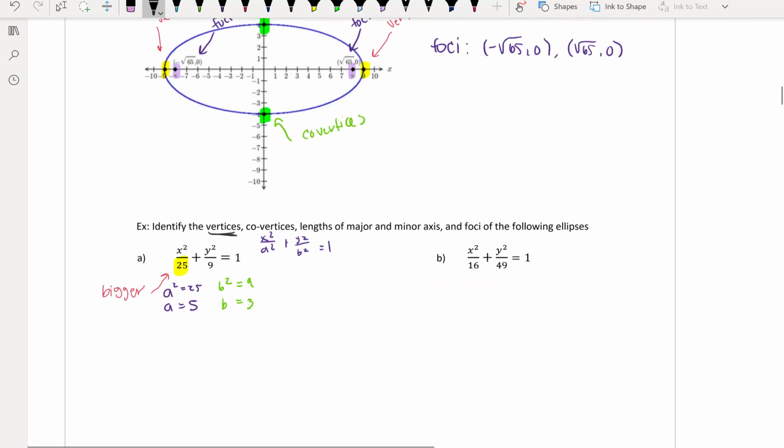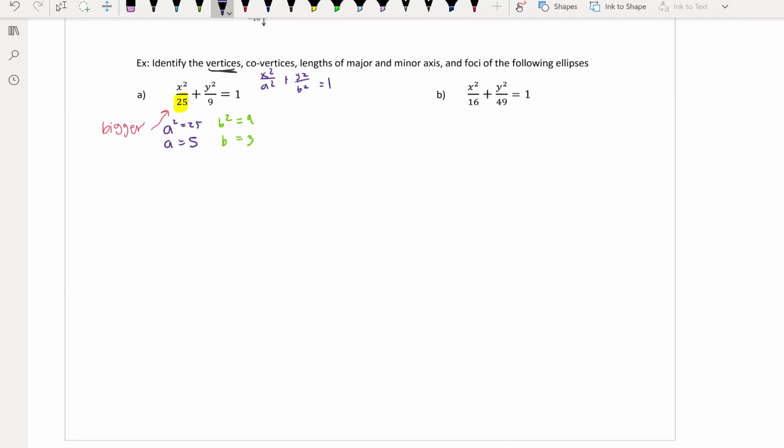So I know that my vertices would be plus or minus a, comma, 0. Since I have my a value, that should be plus or minus 5, comma, 0. So those are going to be my vertices, plus or minus 5, comma, 0.